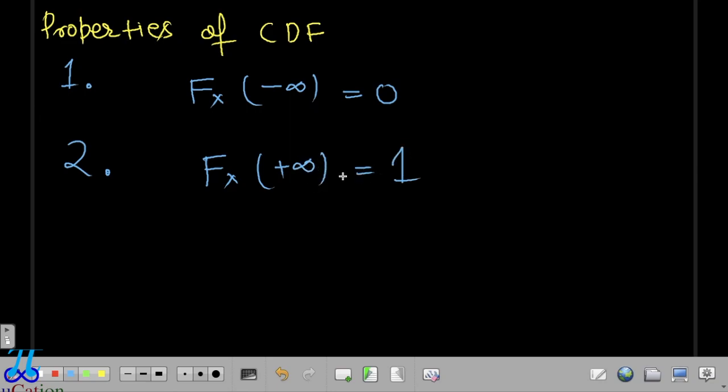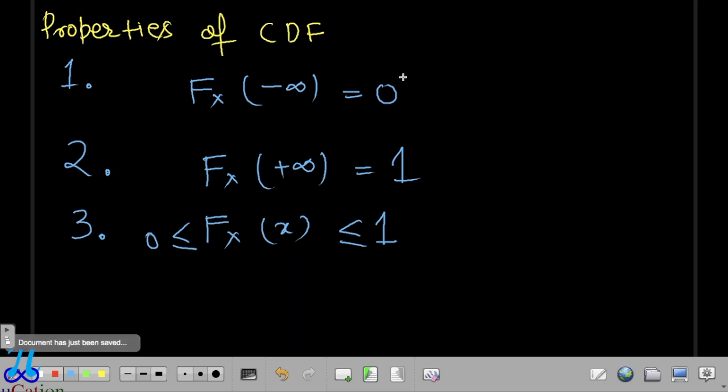So the CDF at infinity is equal to 1. The third property is that F of x is between the two numbers 0 and 1, so it is bounded by these two numbers. As you can see, at minus infinity it is 0, at plus infinity it is 1, so it must be bounded by these two values.